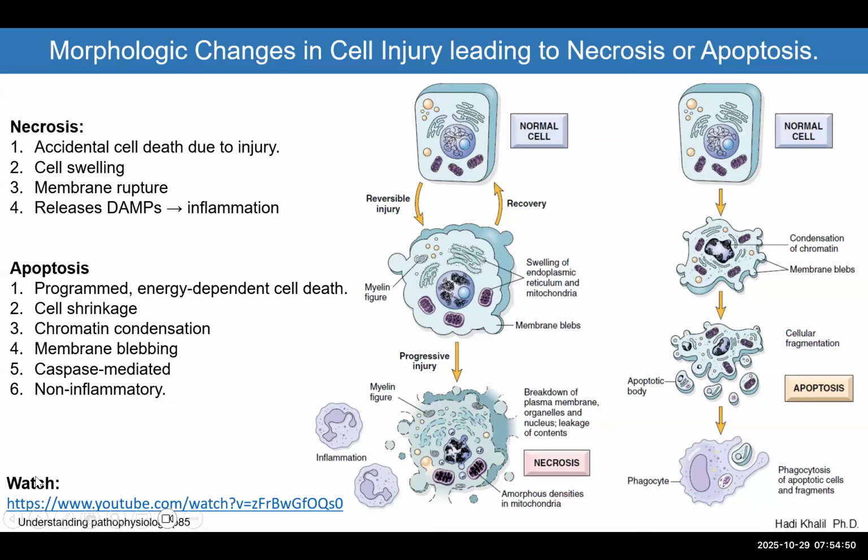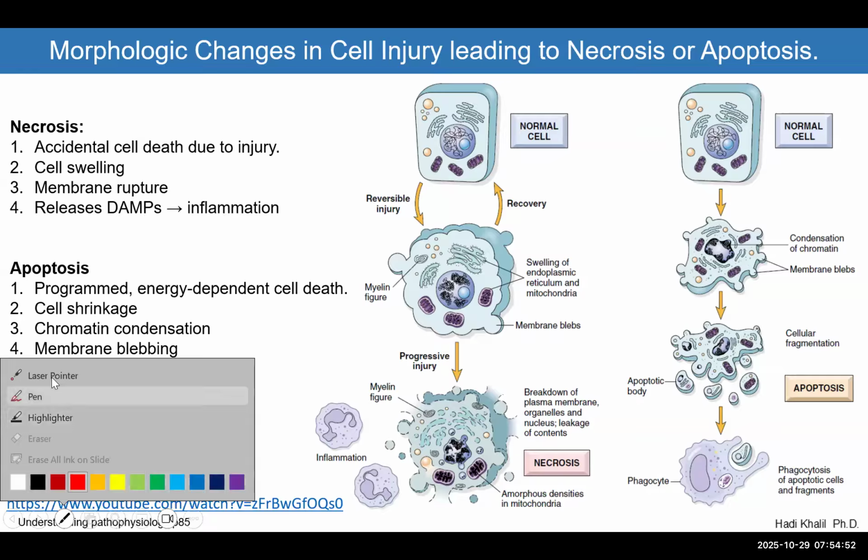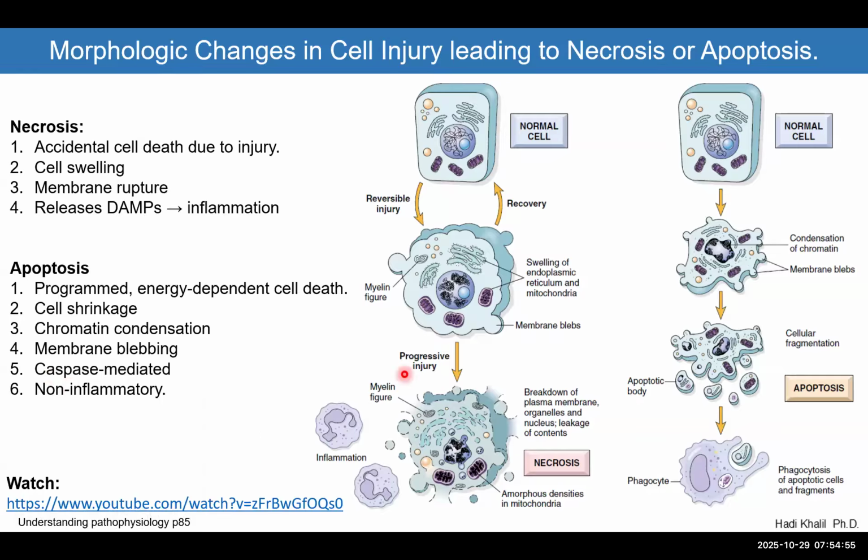So what's the comparison between necrosis versus apoptosis? Apoptosis was very well described in the video: it's programmed and energy dependent. So the cell, while dying, still needs some energy in order to perform these cleavages and formation of the blebs in a very synchronized and clean fashion. The cell normally shrinks during the apoptotic process, while necrotic cells become swollen.